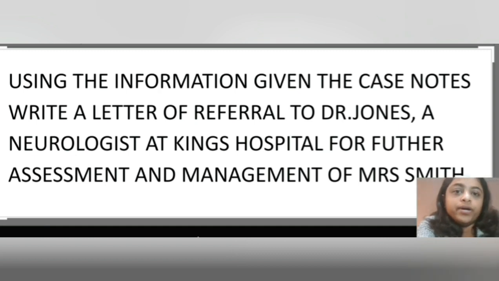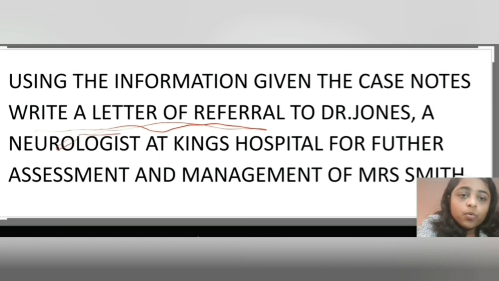So let's see the first one. Here you can read: using the information given in the case notes, write a letter of referral to Dr. Jones, a neurologist at King's Hospital, for further assessment and management of Mrs. Smith. I think this is the easiest task to understand. It clearly says, write a letter of referral to Dr. Jones.